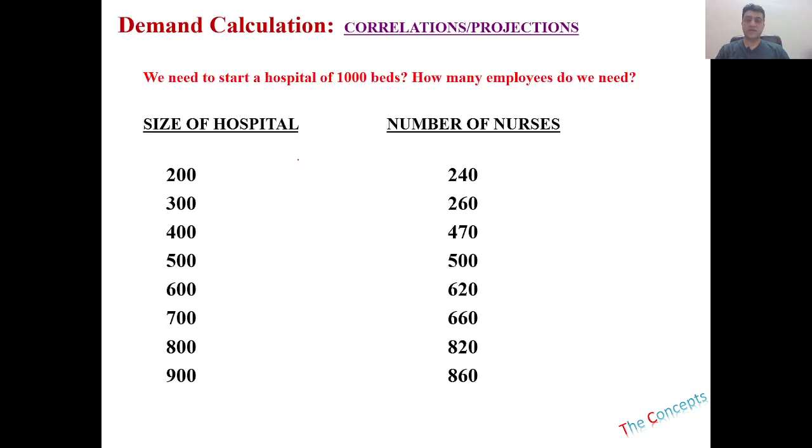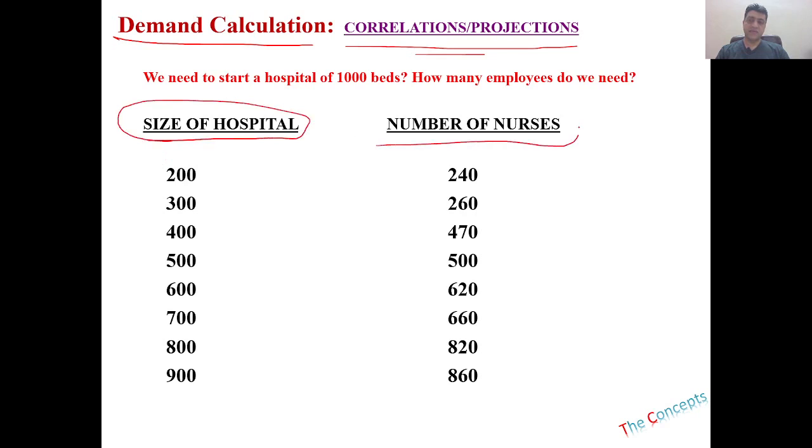So let's start our first analysis, which is the demand calculation based on correlation analysis. Now, consider the example of some data that we already have, which is the data of hospitals, and the number of employees and the kind of employees that we need to smoothly run the functions of a hospital.